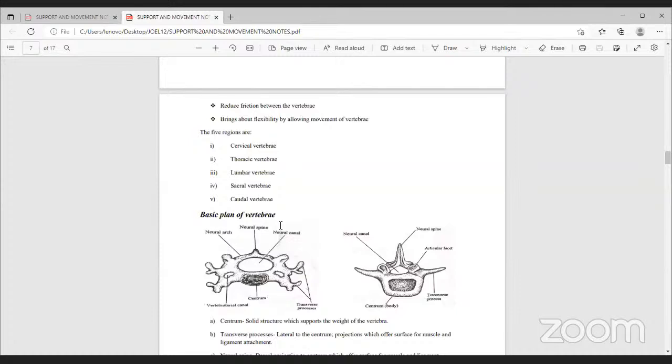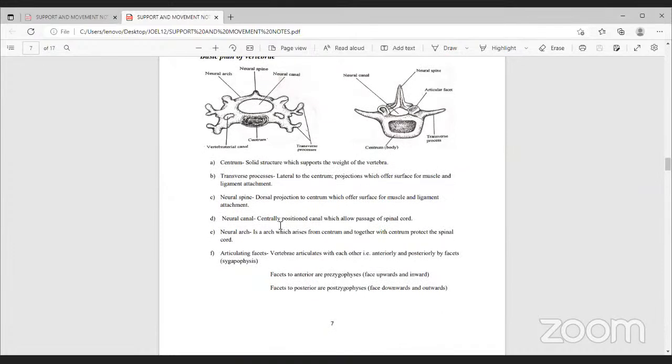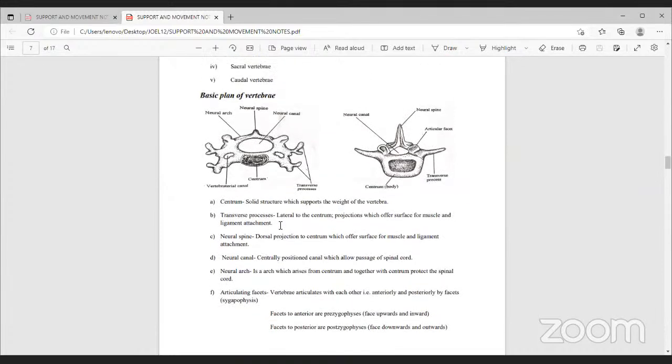You can see here, I'm projecting a subtopic in bold saying the basic plan of vertebrae. When I say the basic plan of a vertebra, across the 33 bones, there are some features that we are going to see are common in all the 33 bones.